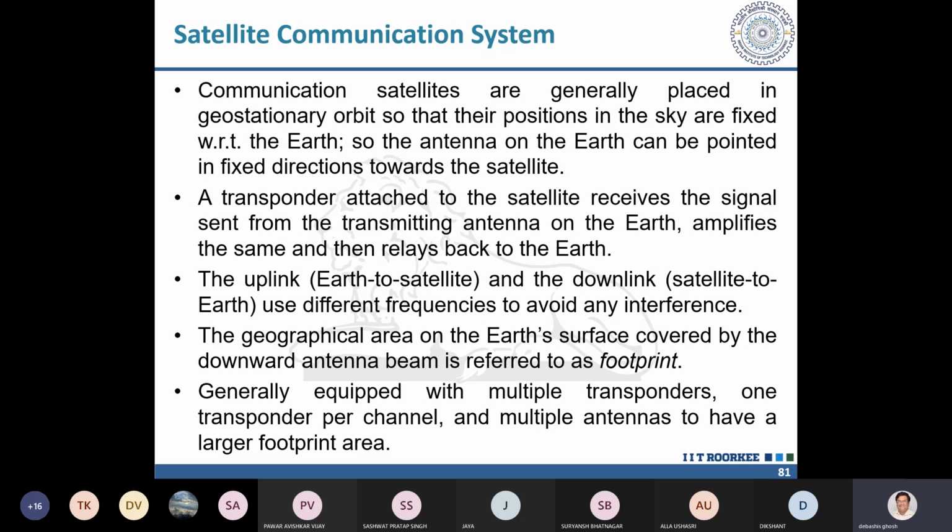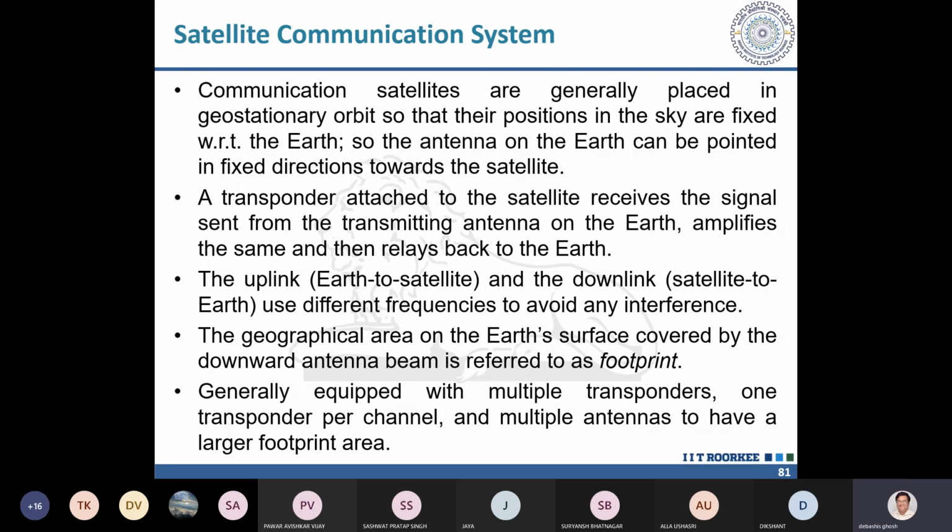Footprint, this term you will encounter in satellite communication. The footprint is the area on the Earth's surface that the satellite can cover. Obviously, INSAT cannot cover the Earth's surface on the other side of the globe. Every satellite has some coverage area, called the footprint.